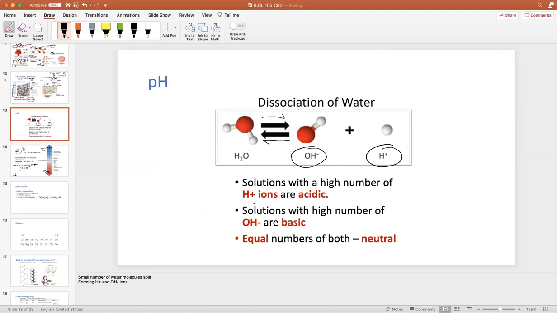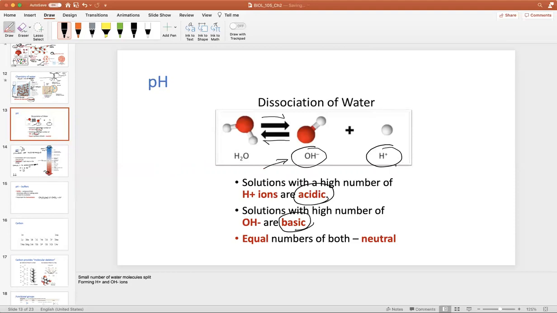If you happen to have a solution that has more of these than it does these, then we're going to say that that is an acidic solution. And conversely, if you have a solution that has more of these than it does these, we're going to say that that is a basic solution.